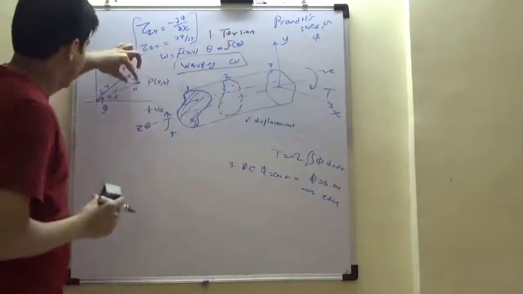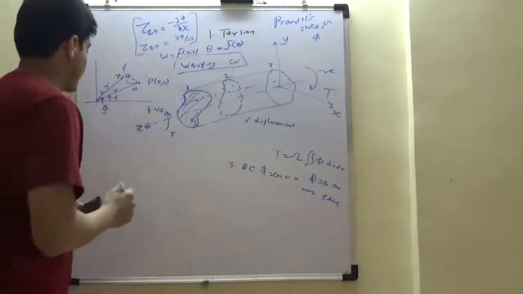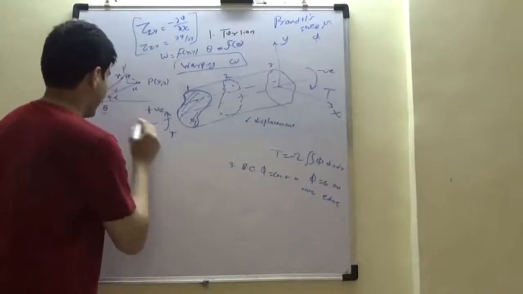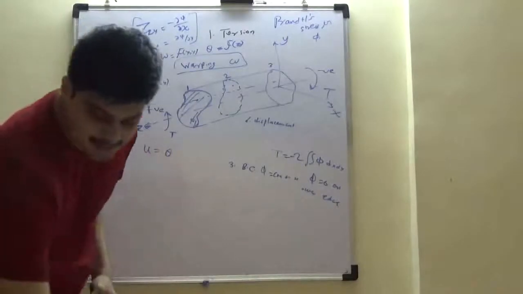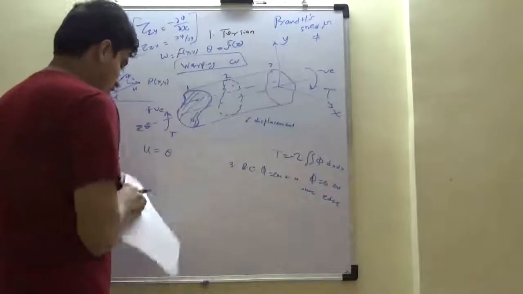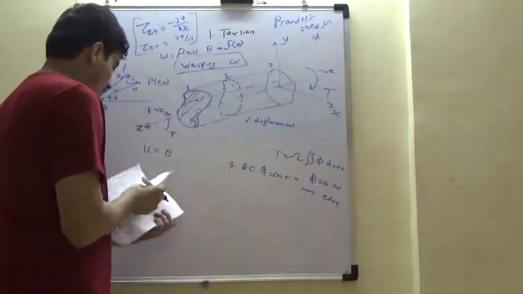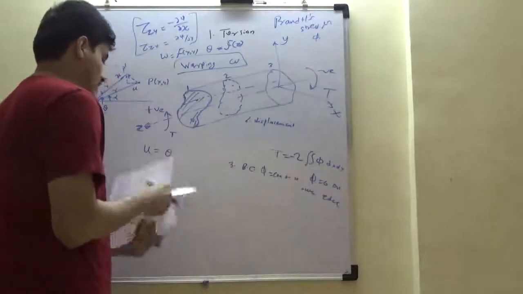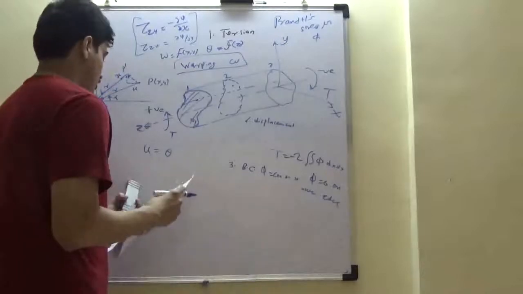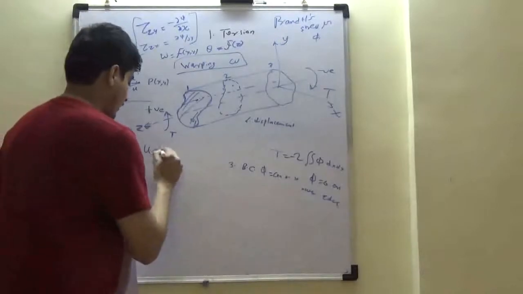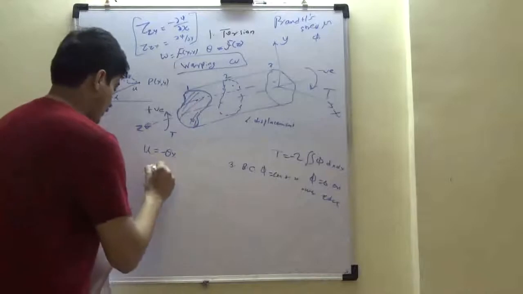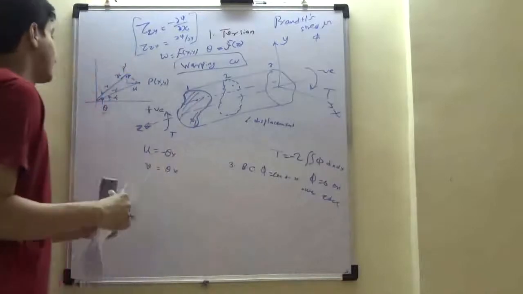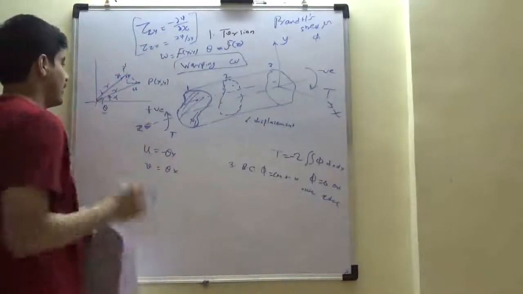Right? We have already analyzed this, and we know already that for small angles theta, which are very small in nature, I can very quickly substitute these results as simply saying u is minus theta y and v is theta x. What we did is we just took up projections, right?